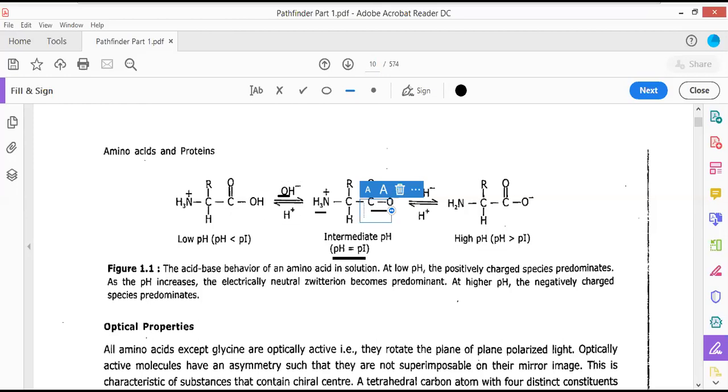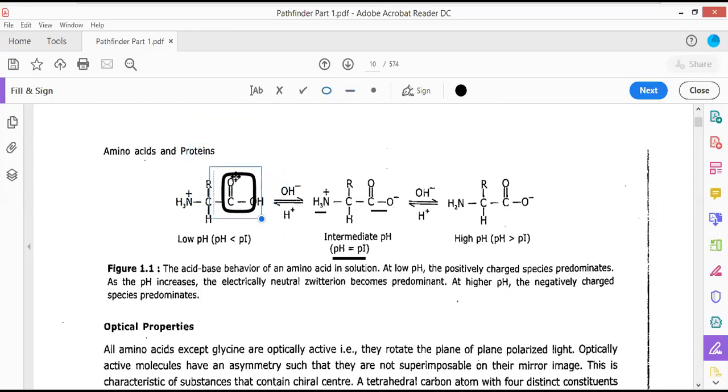The pH at which the carboxylic functional group loses its proton is referred to as pKa. Now please do note it down. I'm just going to write it down here.